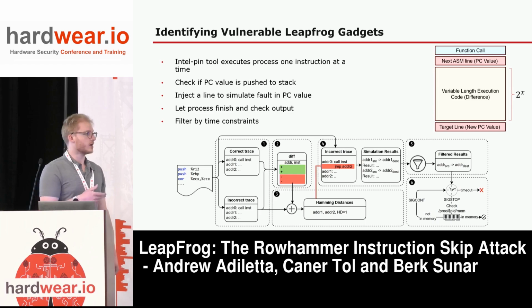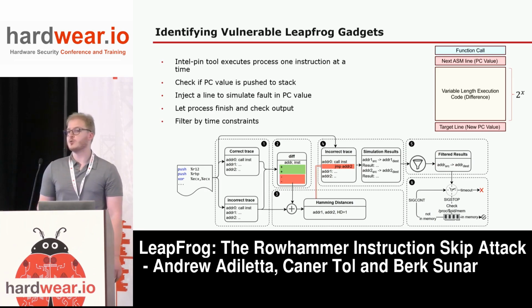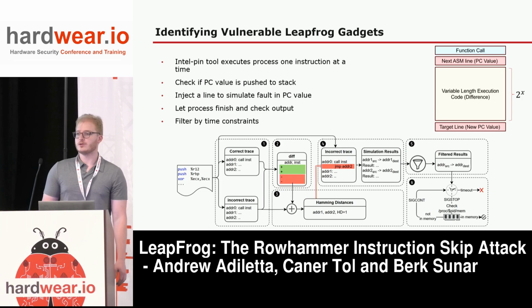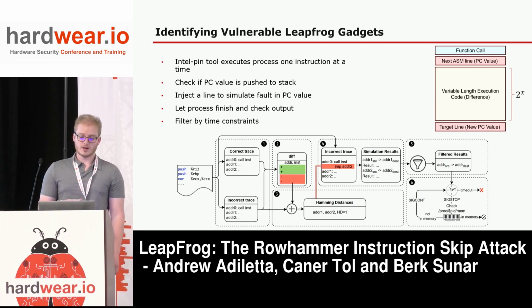And so that's a way of figuring out in the spatial domain where we need to inject the fault. The last step is from the time domain perspective: when do we inject the fault? So we do this time sweeping. We figured out we need to inject the program counter at this location.